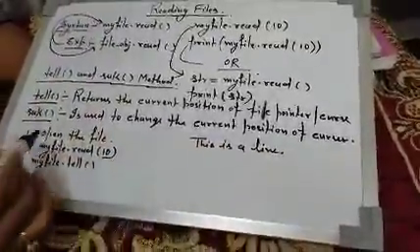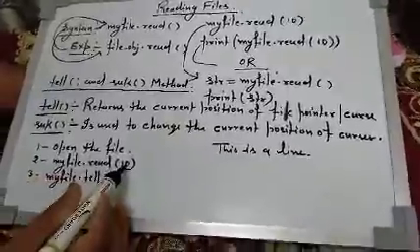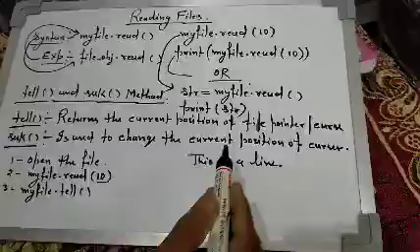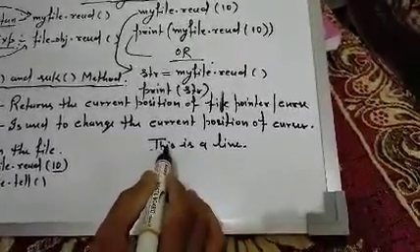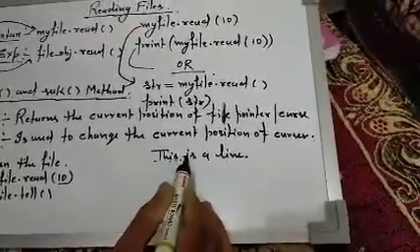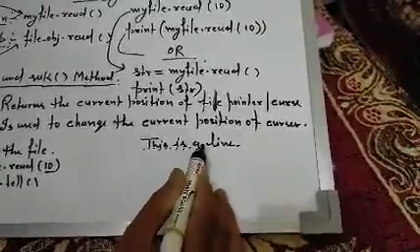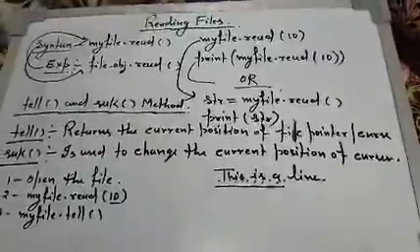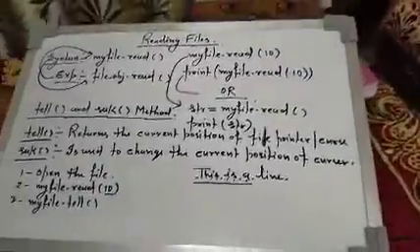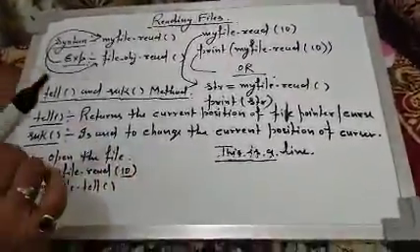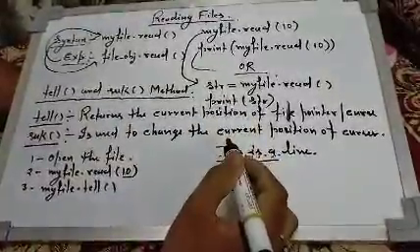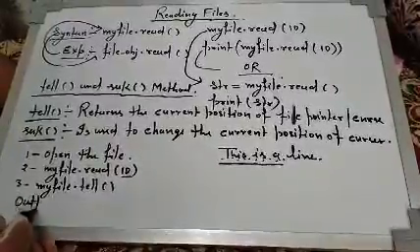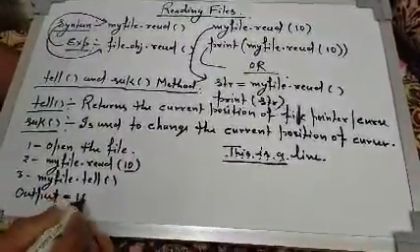If we read the file with an argument in the read function, then only 1 2 3 4 space 5 6 7 8 9 and then space, only this portion will be read by the read function. And what is the current position of the cursor? 10th. So the output will be 10.